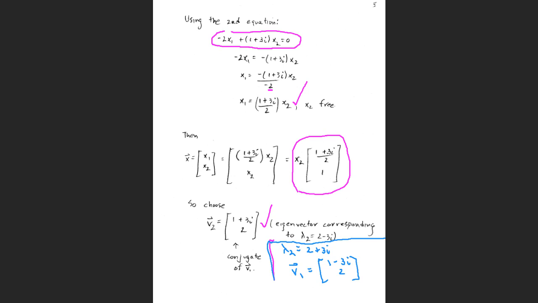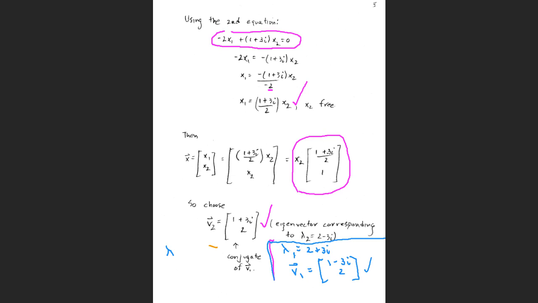So look at what you have here. I'm sorry, hold on. This wasn't lambda 2. The first eigenvalue is lambda 1, and that was 2 plus 3i, and there was the eigenvector that went with that.